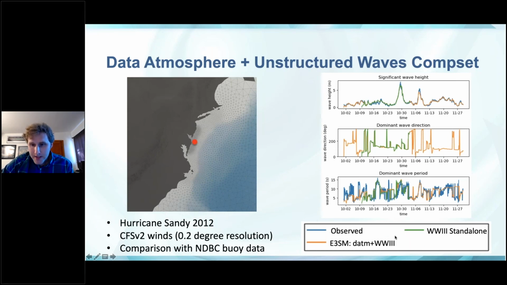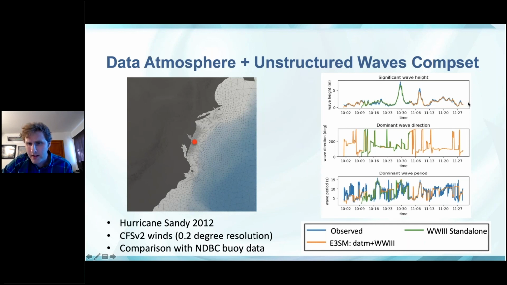And so by comparing these two different runs, this is basically showing us how we're coupling WaveWatch to the atmosphere is giving us the same as we would expect with the standalone run.